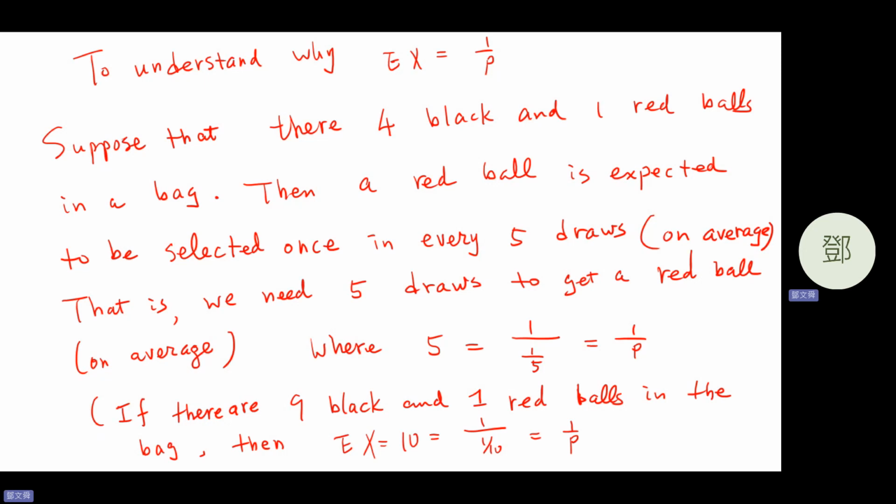If p is smaller, then on average you need more experiments to get one success. The success can be expected to occur much later if p is much smaller.